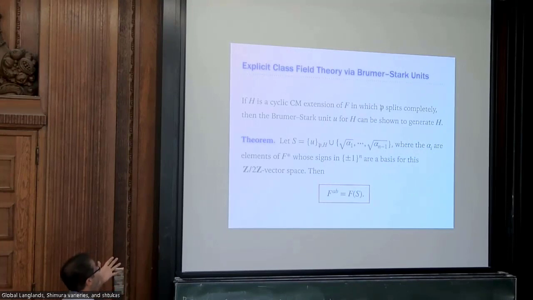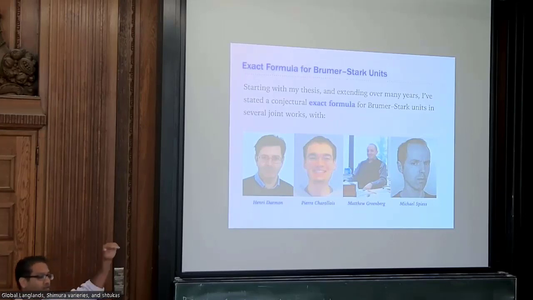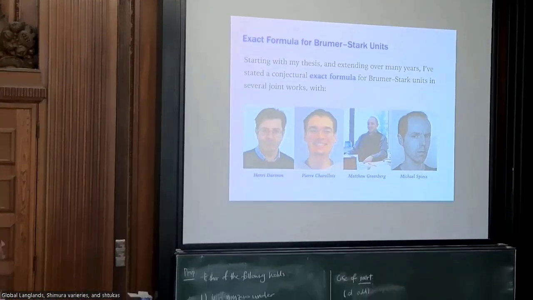So if you care about class field theory, then you might say, well, it'd be great to know if these Stark units exist. And if they do exist, it'd be great to have an analytic formula for them so that we can use them to generate the maximal abelian extension of F. Now about that second question, I mentioned this earlier already. My thesis was about trying to write down an exact formula for these Stark units in the case where you have a real quadratic field and P is an inert prime, and you have these ring class field extensions.